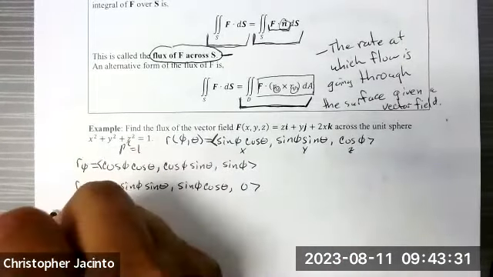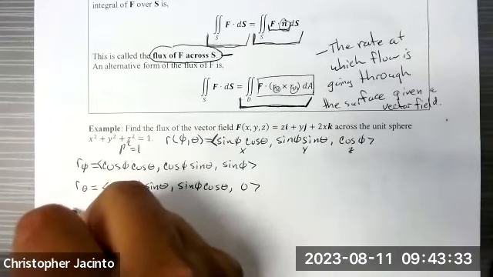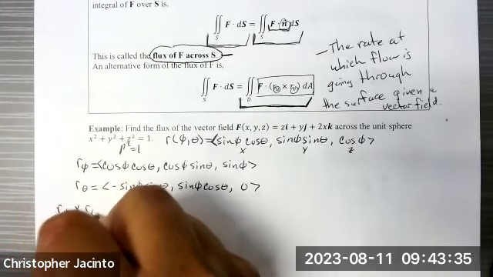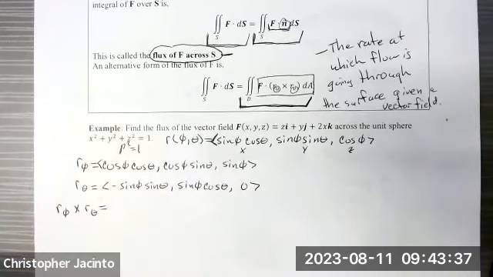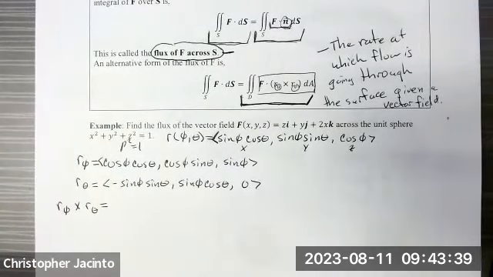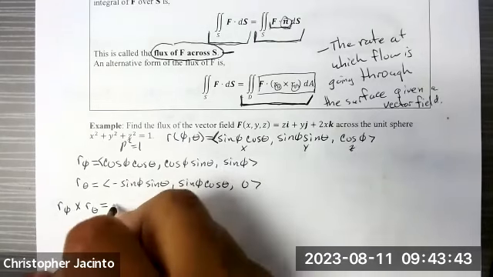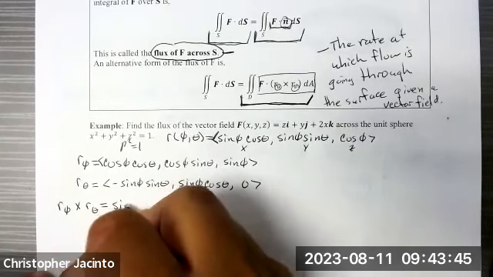Okay, so again, we did this last time. We're not doing the magnitude this time, we're just doing the cross product. After doing some work, you eventually get this.